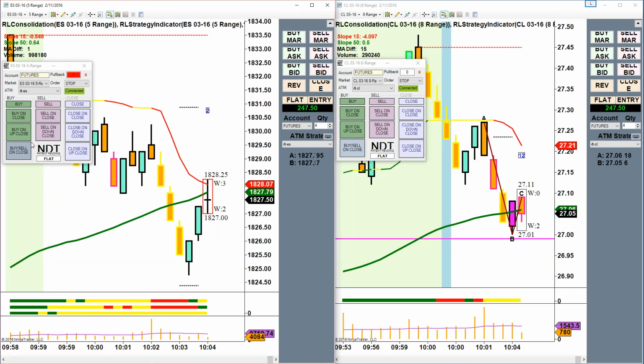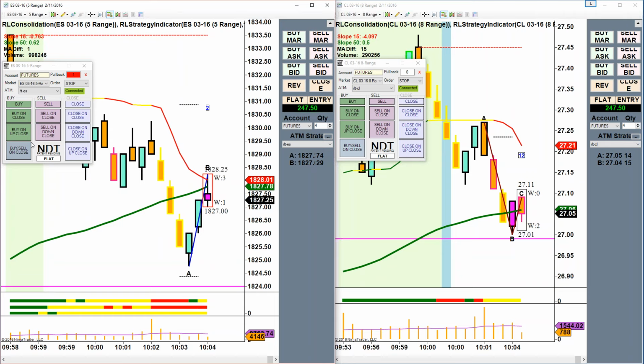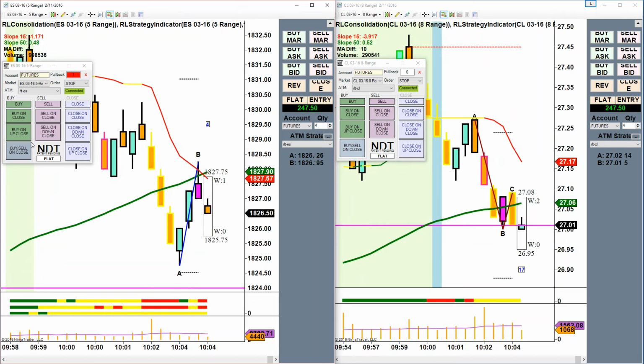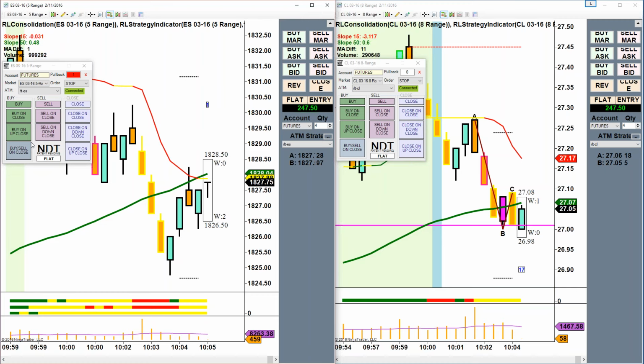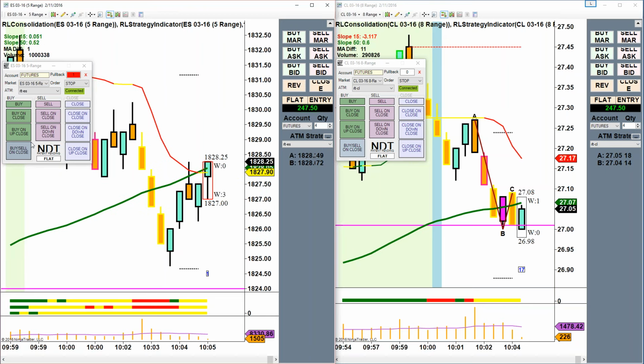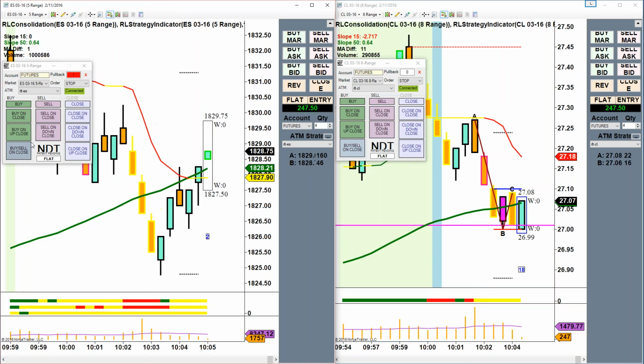Well, there's a nice short trade structurally on crude, but it's right into that value area low. If it breaks it and retests it, we may have a crude short. See, it's bouncing off of it.